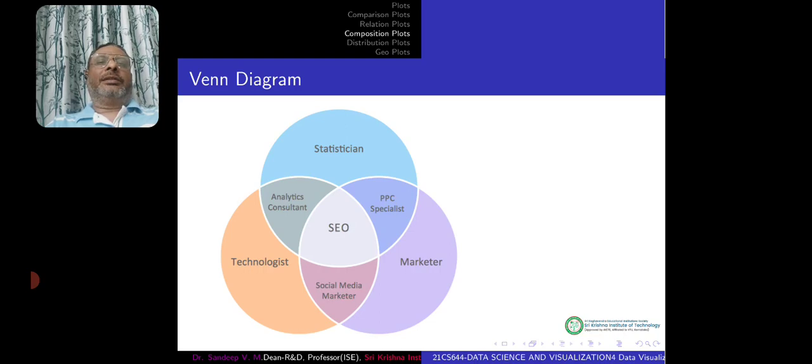So here we can see that there are totally seven regions marked. The eighth one is the white outside one, which says the person is neither a statistician nor a technological person, nor has any marketing skills.